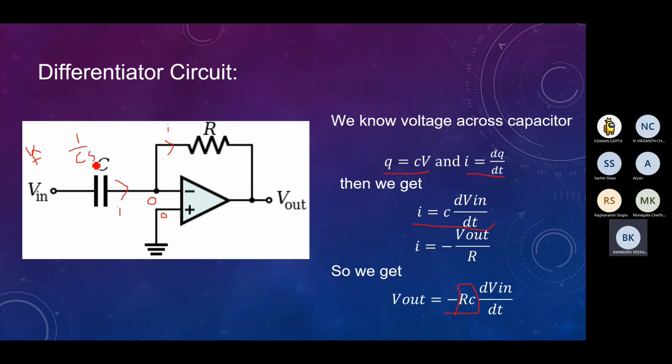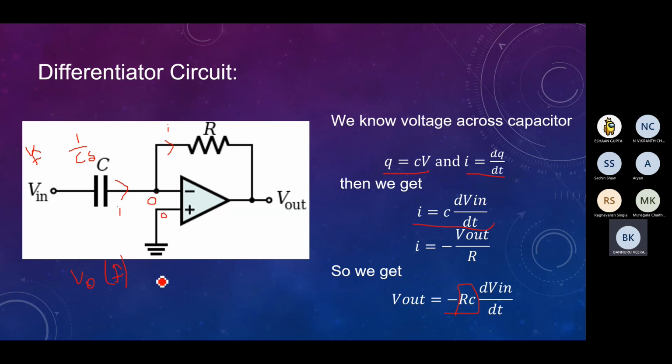Then it is nothing but an adder circuit. This is one resistor and this is one resistor. So we get V out of F in the frequency domain, right?